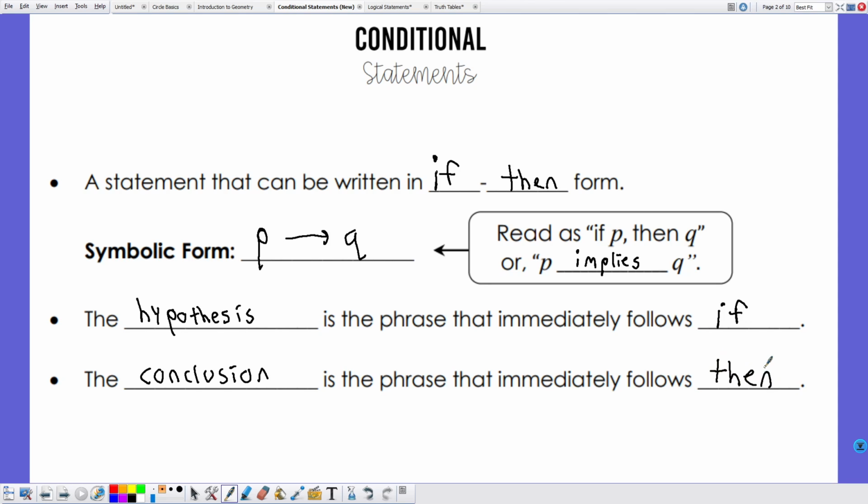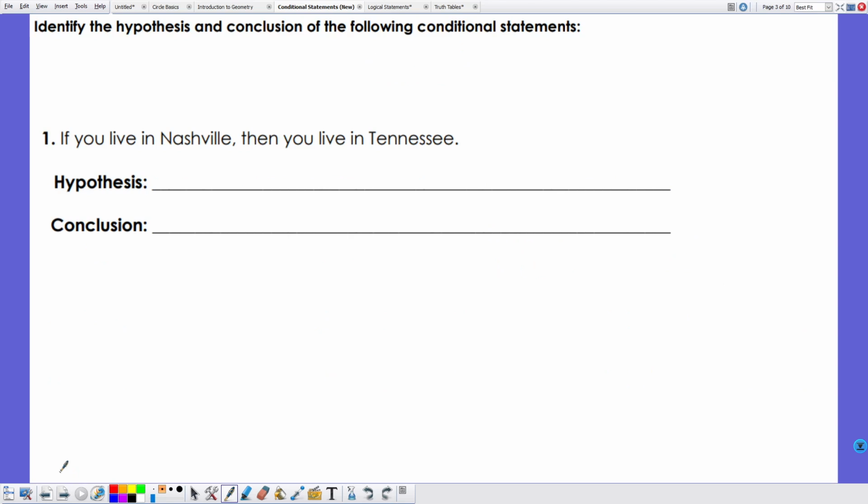So let's dive into a couple examples and we'll see how this works. So, number one. We want to identify the hypothesis and the conclusion based on this conditional statement. If you live in Nashville, then you live in Tennessee.